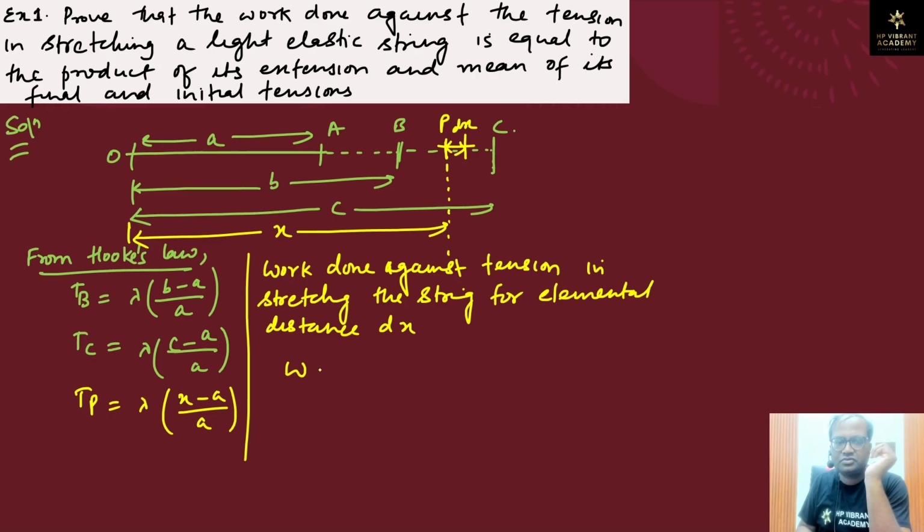The work done is equal to the tension at P into dx, and the integration is from B to C, as we have extended the string from B to C.